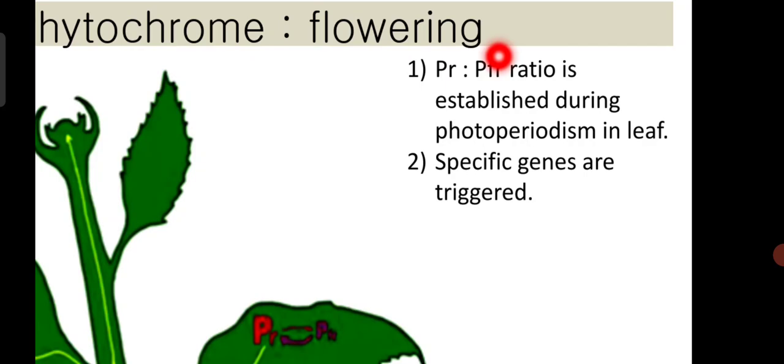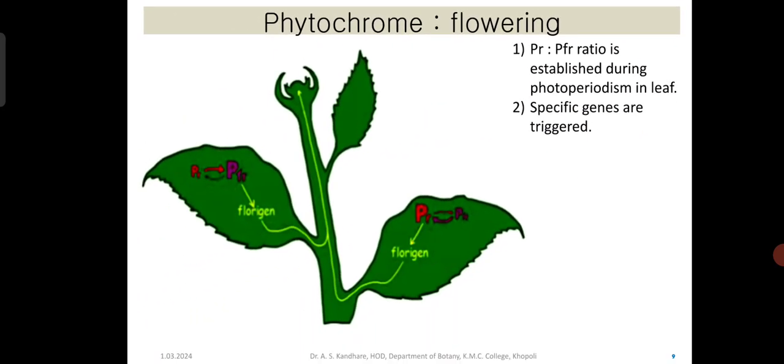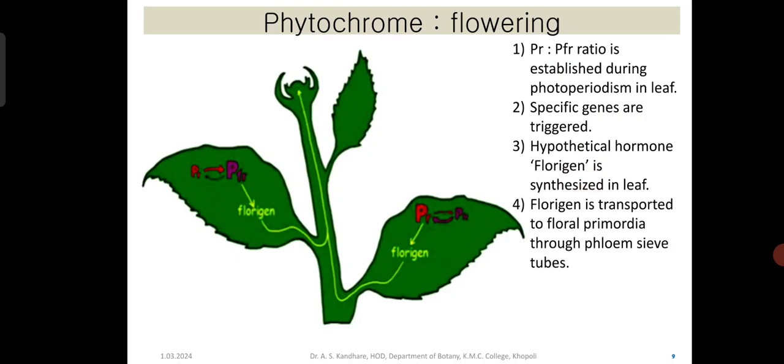As and when there is a specific ratio of PR to PFR, certain genes are activated when this specific ratio is achieved, isn't it? जब ये specific ratio इनका बनेगा वो प्लांट के स्पेसीज के लिए, तब उसके अंदर स्पेसिफिक जीन एक्टिवेट हो जाएंगे और फिर फ्लोरिजिन बनेगा, isn't it? Hypothetical hormone florigen is synthesized in leaf. Florigen is transported to floral primordia through phloem sieve tubes.